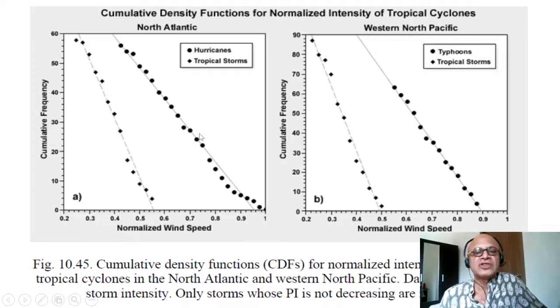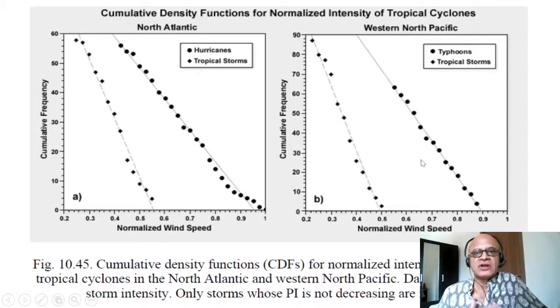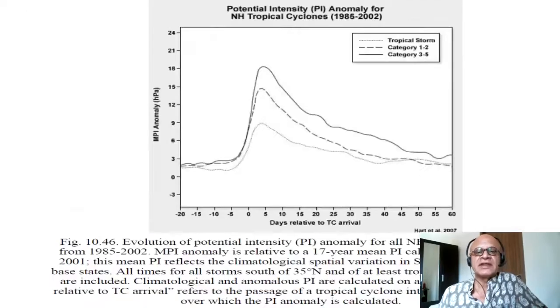So this is another usefulness of the idea of potential intensity. Okay, what is the maximum intensity that a tropical storm can get, or what it can reach if it becomes a hurricane or a typhoon. So there are two different but equal probabilities for all storms and hurricanes, and the observed intensity is going to be somewhere in the middle.